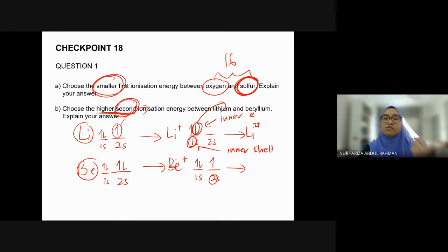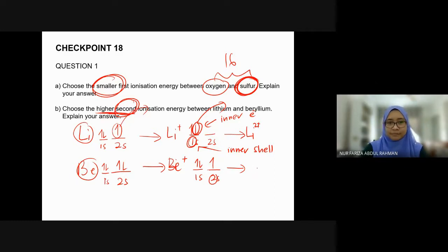Because it closer to the nucleus. Closer to the nucleus means the attraction is stronger. Stronger means you will need energy to overcome that attraction. Okay, so lagi kuat attraction, lagi susah lah nak remove. That's why lithium 2 plus has higher second ionization energy compared to beryllium plus.